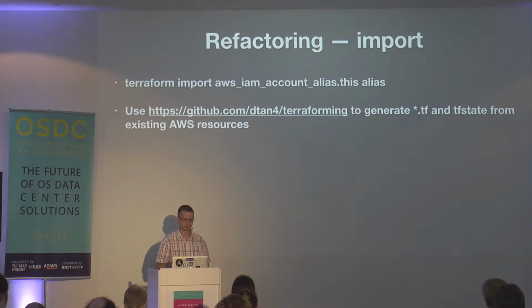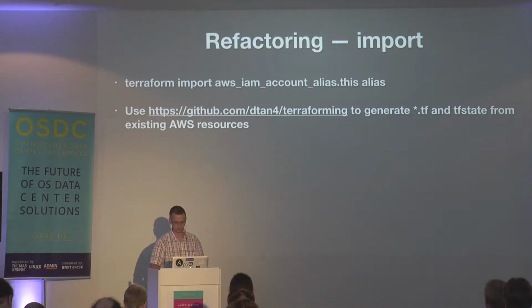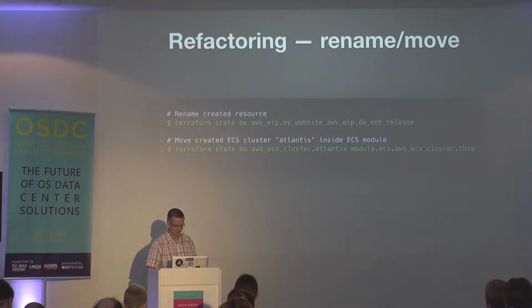And Terraforming is a project which can generate TF files from your existing resources, and it also can generate a TF state file, which is very important information, so that you don't have to do anything. You just point to which resource you want from now on to be able to handle with Terraform, and it will handle from there.